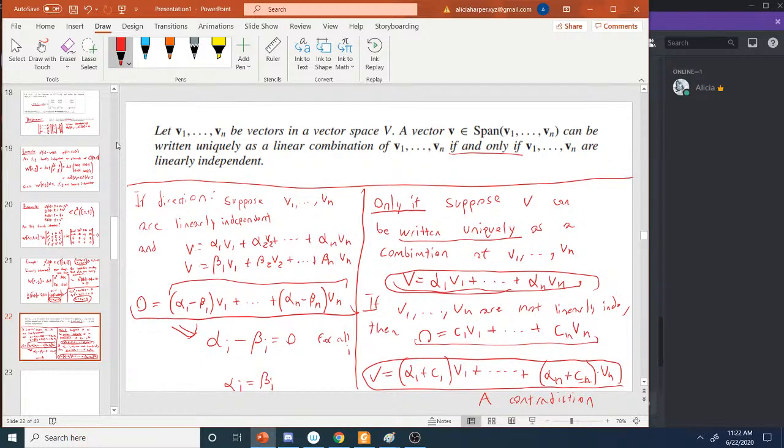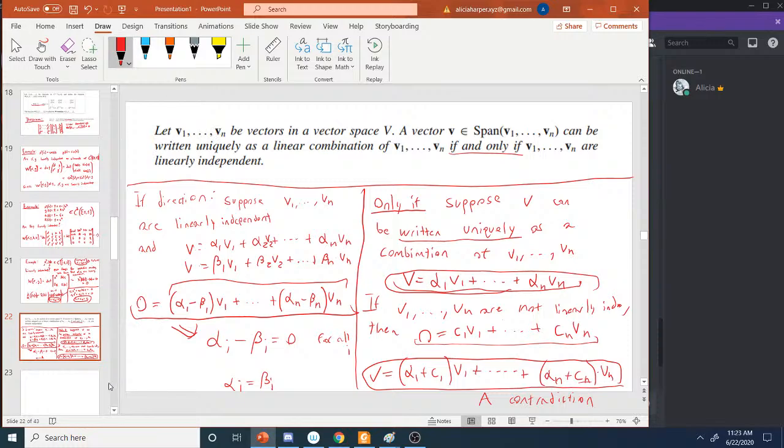Thus, both of these statements cannot be true. So if V can be written uniquely as a combination of these n vectors, then v1 through vn, by necessity, must be linearly independent. And that completes the proof of this theorem.